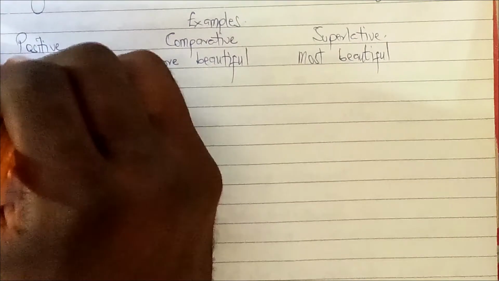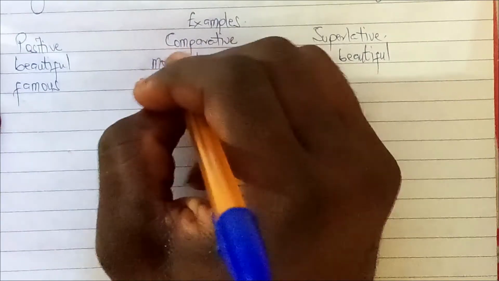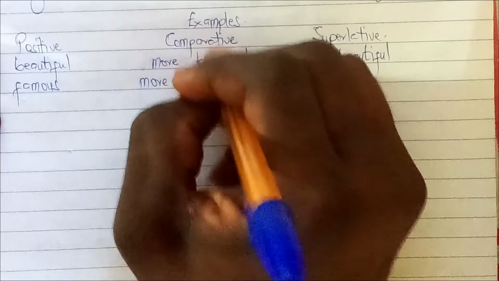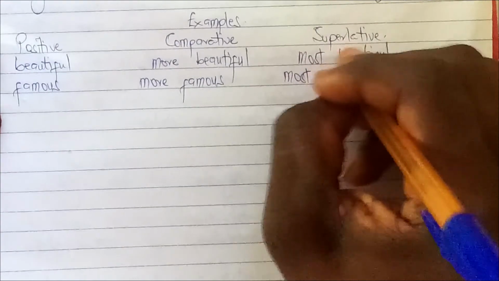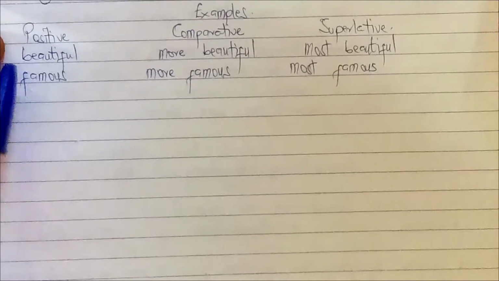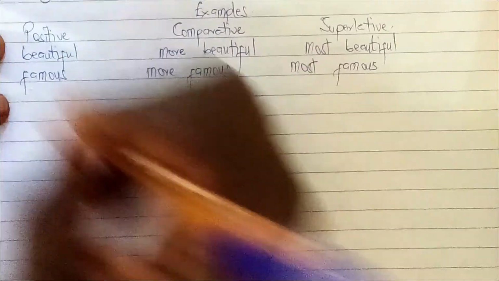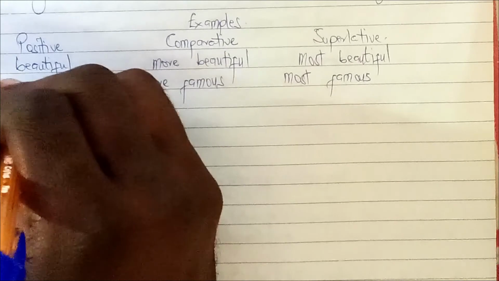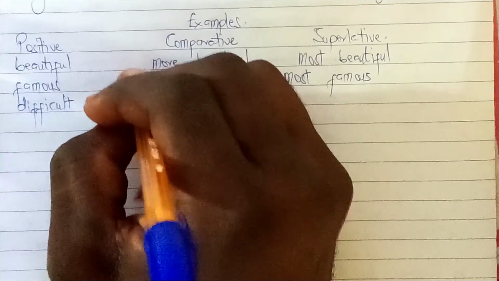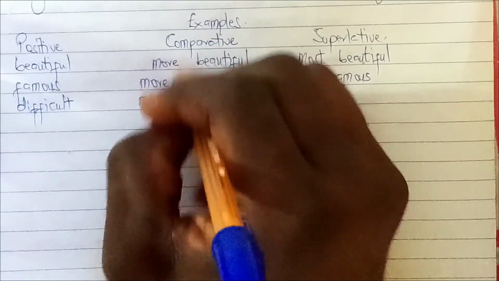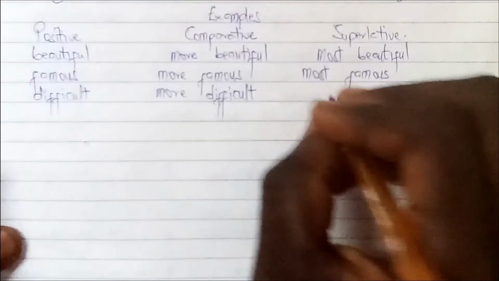Example 2, famous, more famous, most famous. So we see that beautiful is a 3-syllable word. Difficult, another example, more difficult, most difficult.